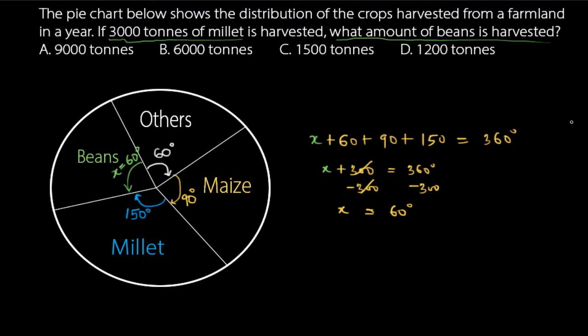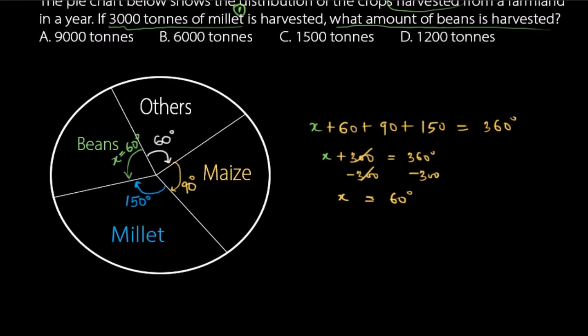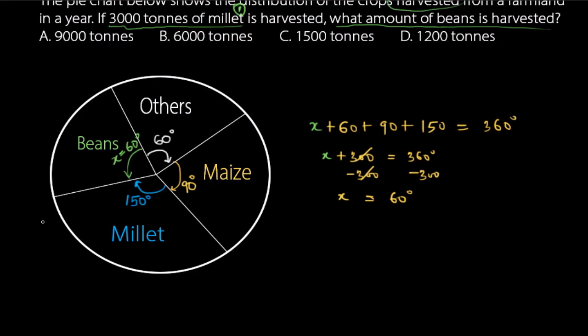Now let's go back to the question. The pie chart shows the distribution of crops harvested from a farmland in a year. If 3,000 tons of millet is harvested, and this is a very important part of the problem statement, this is the proportion of millet here.